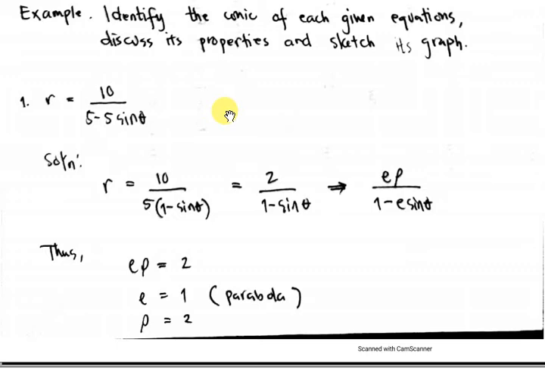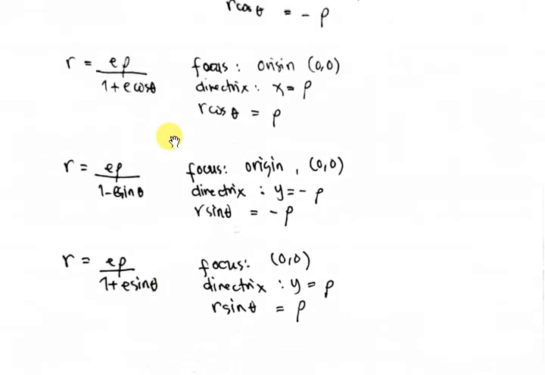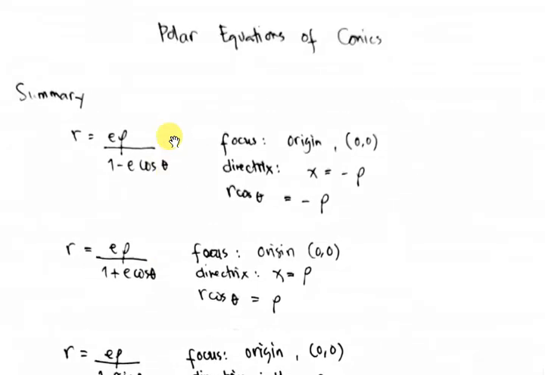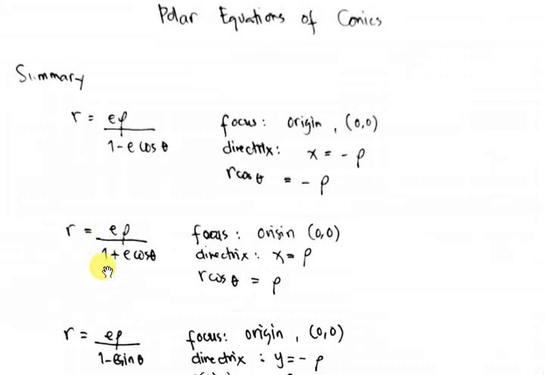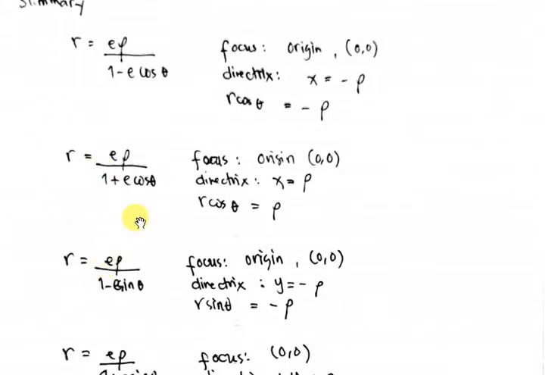Class, our goal here is that all the given equations should come to the simplified form from this, so the constant in each should become 1. Then we can identify the e, the p, and the focus at the origin.